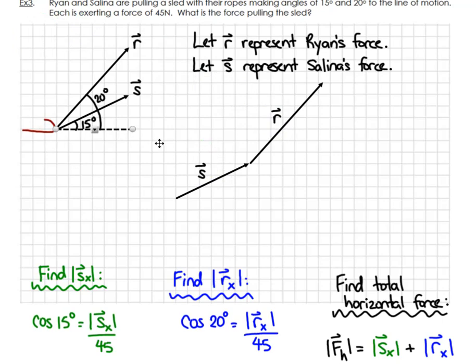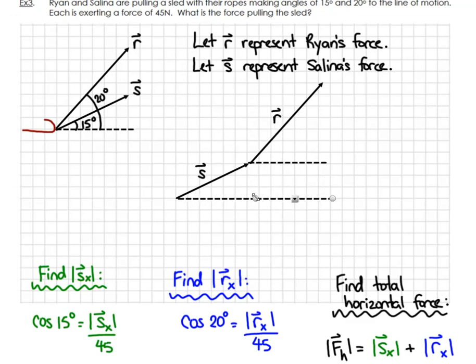Then I have my line of motion for Selena. Since I'm trying to find the force that's pulling the sled, and I know the sled is going to go this way, it's probably going to be both of their horizontal motions together. Ryan's horizontal motion is actually somewhere here, but I'm just going to copy that so that you see it down here as well.